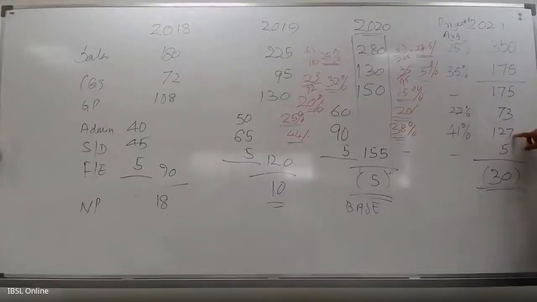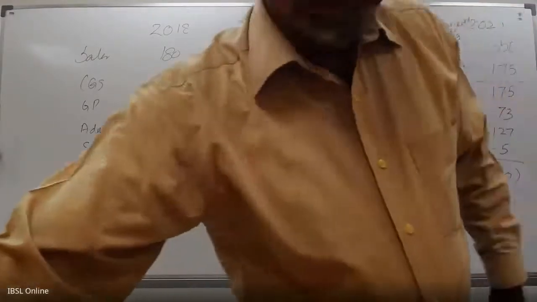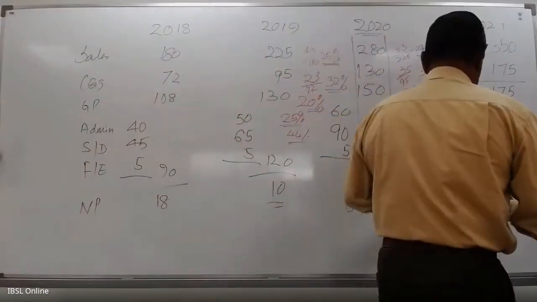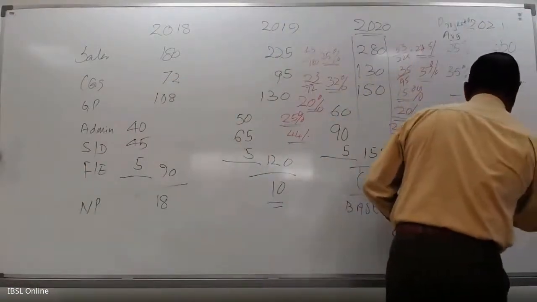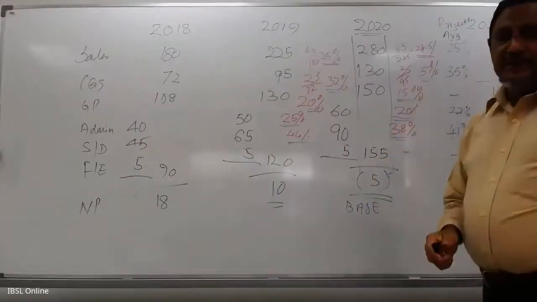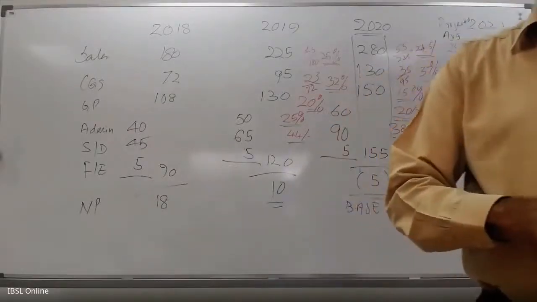It's the difference of 175 and 200. Yeah, 25. Okay, right. Minus 25. Yes. That's okay. So minus 25. That is our prediction.